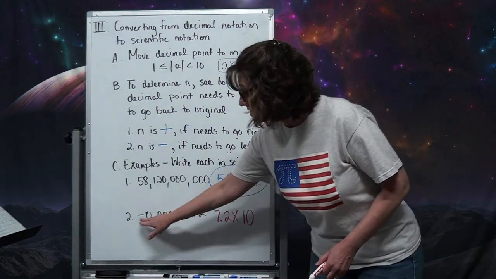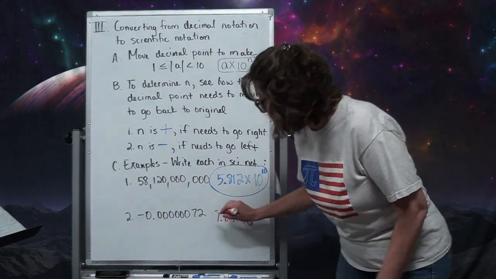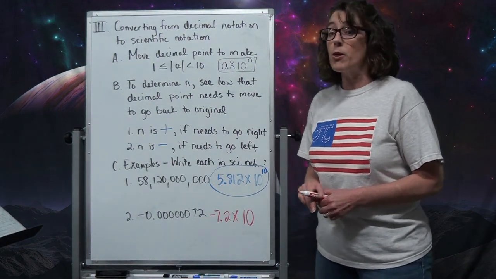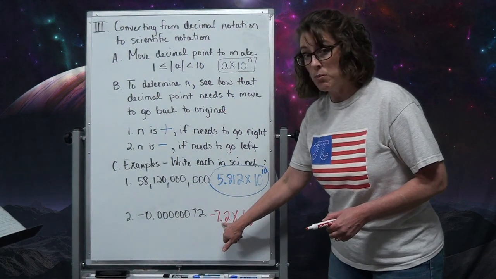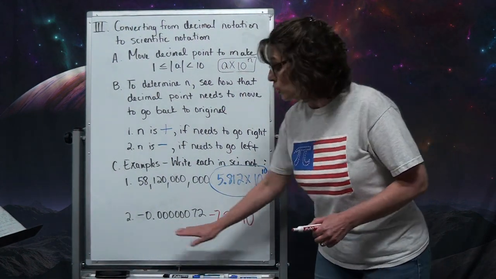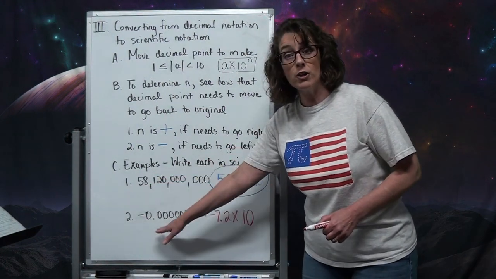Now remember, this is a negative number, so it needs to stay negative. I'm not going to lose that negative sign. I'm going to keep it on there. But now remember, the powers in the power, this exponent moves that decimal point. This decimal point, I need to move it so that it'll look like its original. This one needs to go to the left to make it look like this.